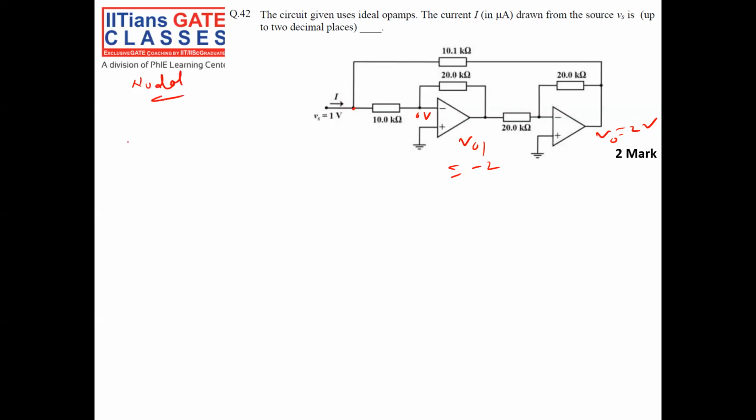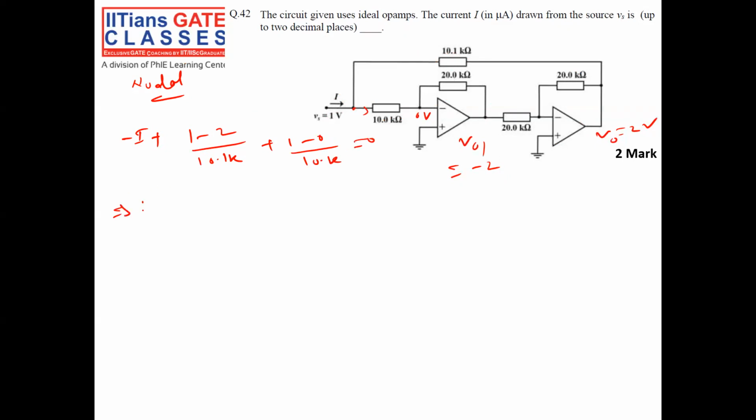The current coming to the node is minus I plus (1 volt minus V0, which is 2 volt) divided by 10.1 K, plus (1 volt minus 0 volt) by 10 K, equal to 0.